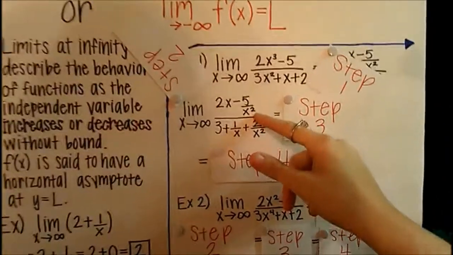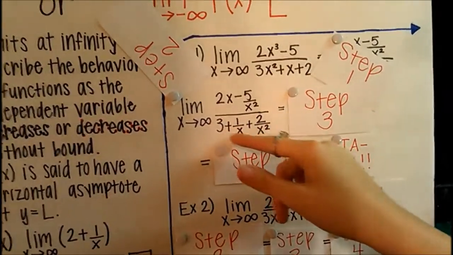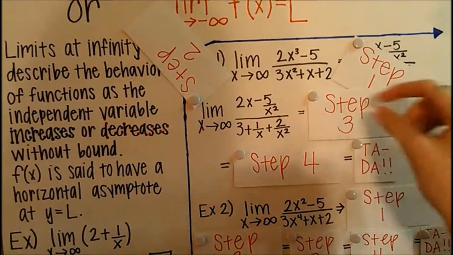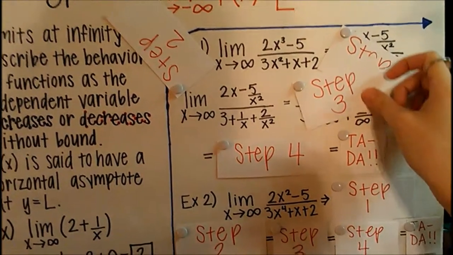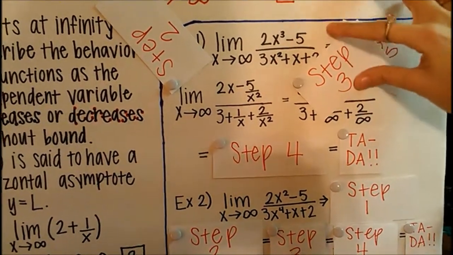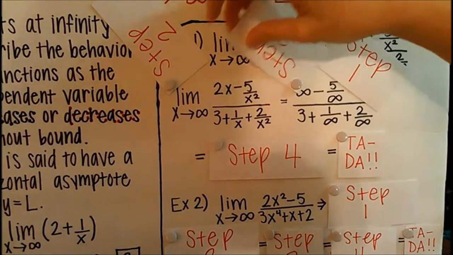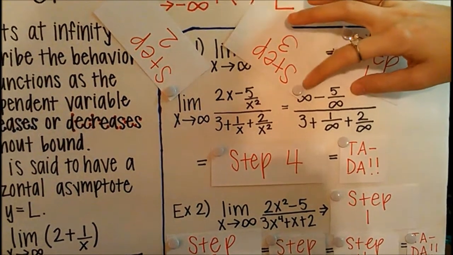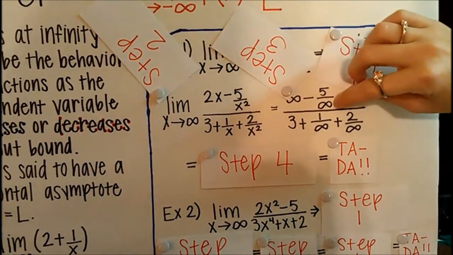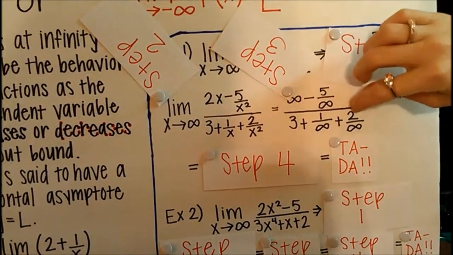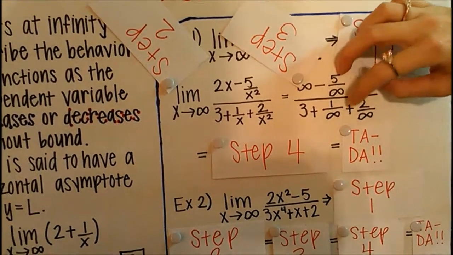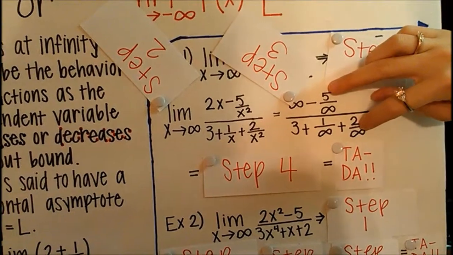Step 3 is applying the limit by plugging in infinity to your x's, which will leave us with infinity minus 5 over infinity, all over 3 plus 1 over infinity plus 2 over infinity.